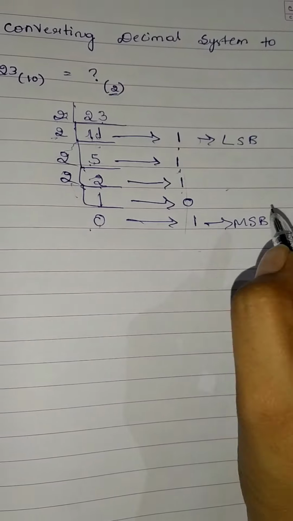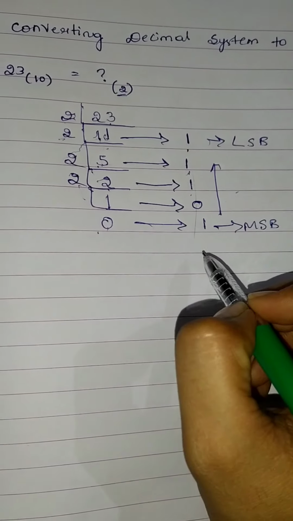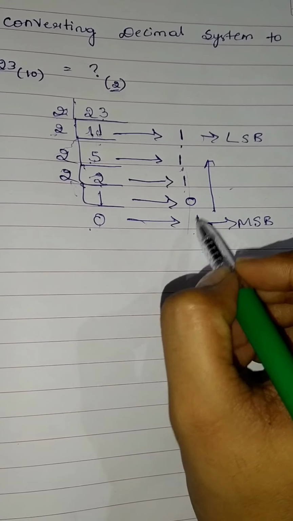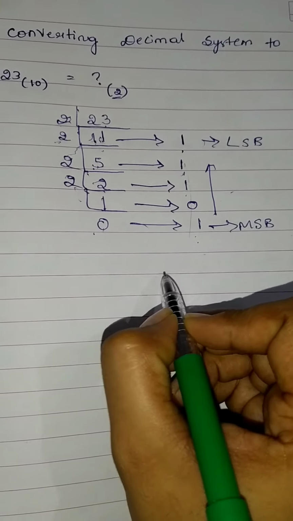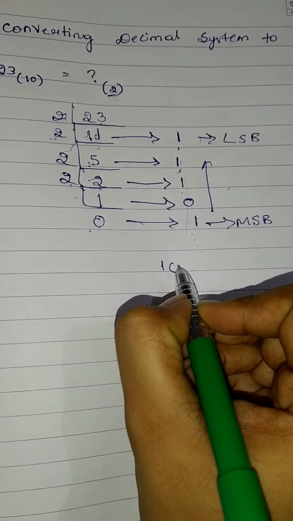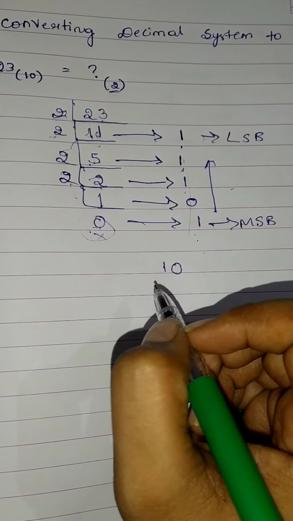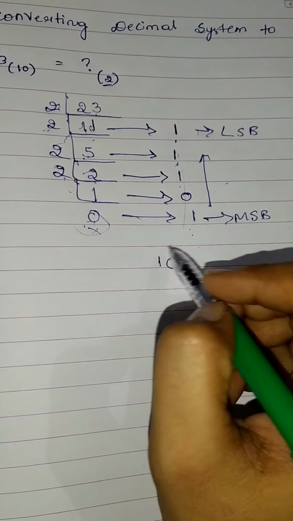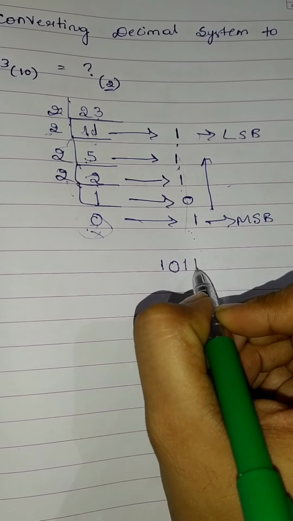While writing the answer, we have to follow the bottom up approach. We have to write all these digits from bottom to top. So the answer is 1 0. You have to leave out this digit. Don't consider this. We have to consider only the remainders: 1 0 1 1 1.